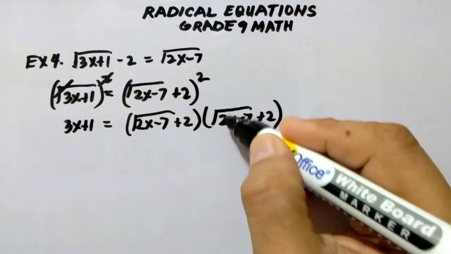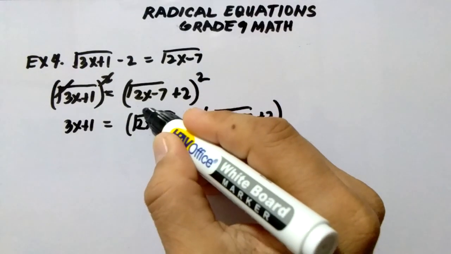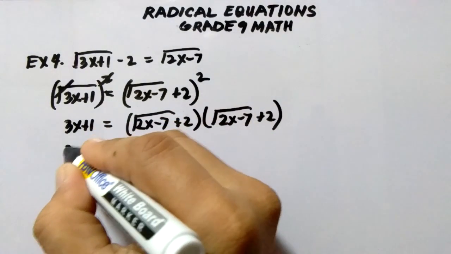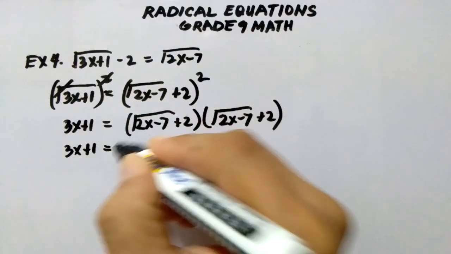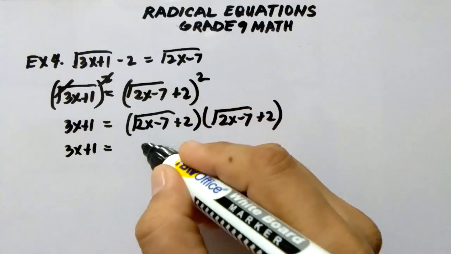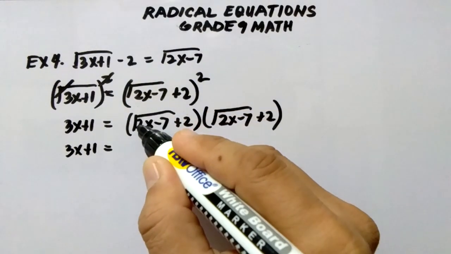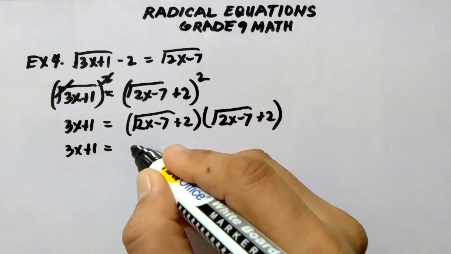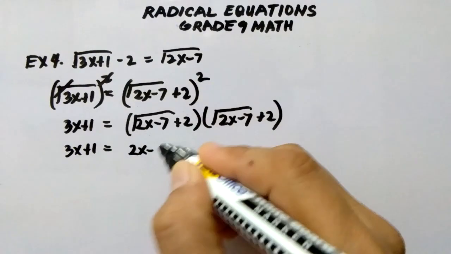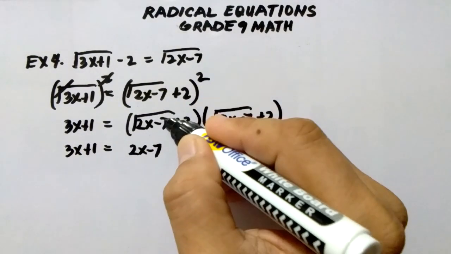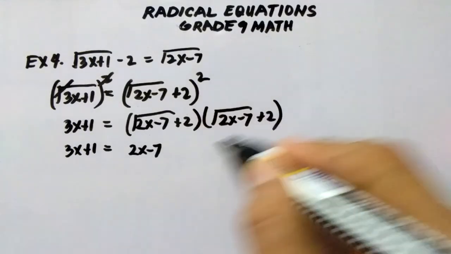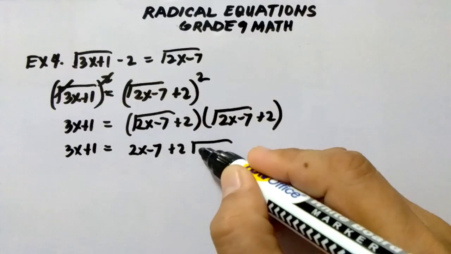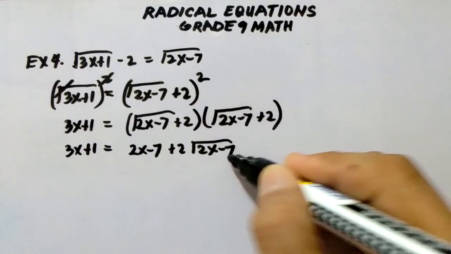So, using FOIL method, imumultiply po natin yung first term. So, we have 3x plus 1 is equal to, then multiply the first term dito. Square root of 2x minus 7 times square root of 2x minus 7. That is 2x na lang po minus 7. Then, square root of 2x minus 7 times 2. That is 2. So, plus 2 square root of 2x minus 7.